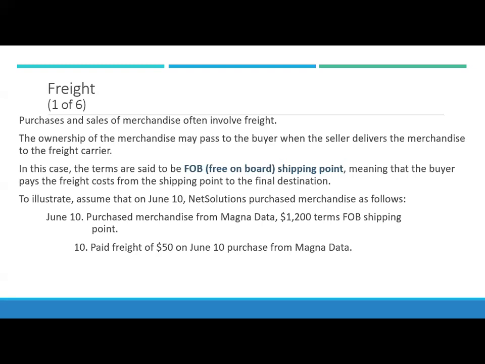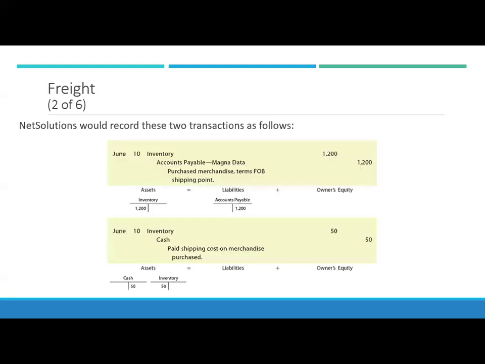And because it's FOB shipping point, Net Solutions is the buyer, they're paying for the shipping, so they paid $50 for shipping. And so there's the journal entry: debit inventory, credit accounts payable, and then debit inventory, credit cash. And that's because you can imagine they're paying $50 to FedEx or whoever to do the shipping.